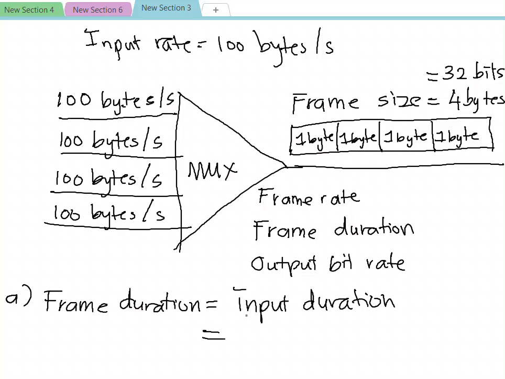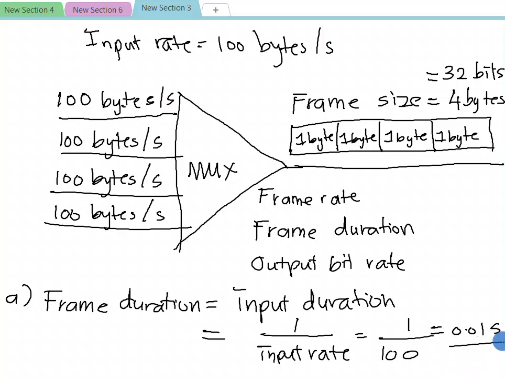So input duration bersamaan dengan 1 over input rate, which is 1 over 100, equal to 0.01 second.